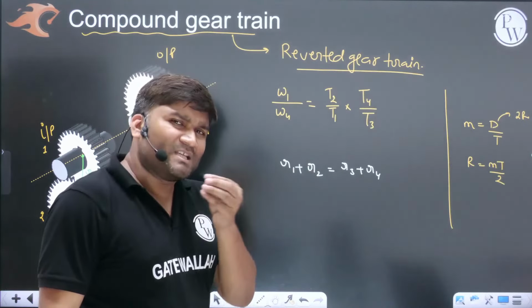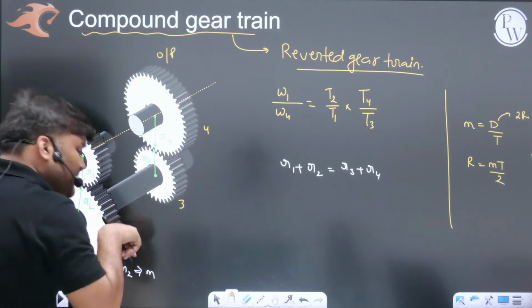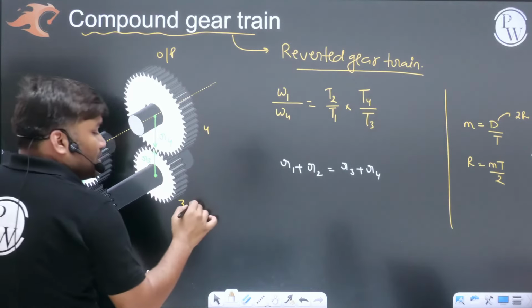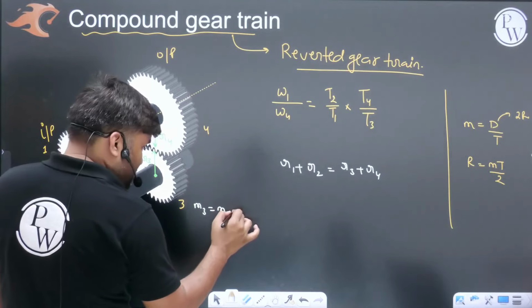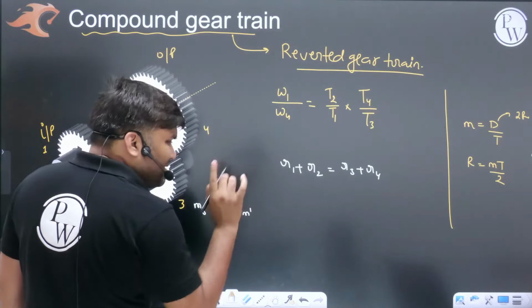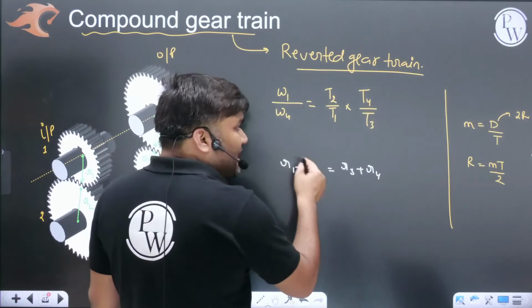Acha, these two gears are meshing with each other. M1 must be equal to M2. And suppose this value is M. Similarly, 3 and 4 are meshing. So M3, M4 must be same. Suppose this value is M dash. Can you write R1 plus R2 as what, beta?